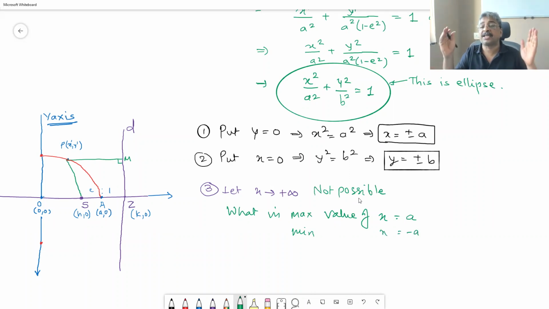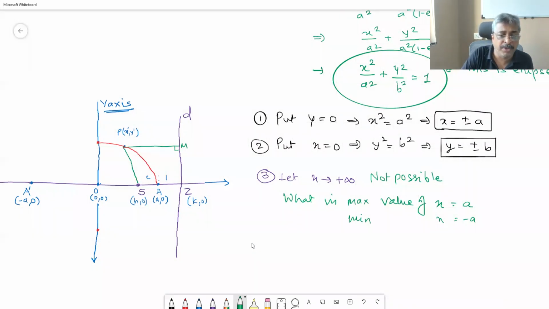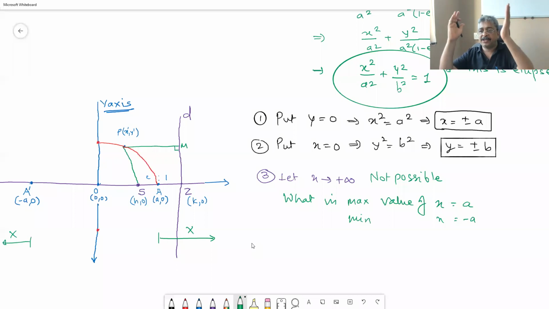So this is the extent of this particular curve. The curve is not going to go beyond plus a, not available, and less than minus a, not available. So it is bounded, it is a finite curve, it is there opposite of us, we can see it. So x tends to infinity, not possible.